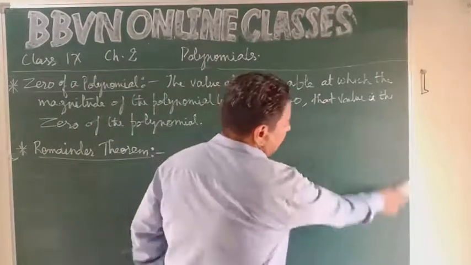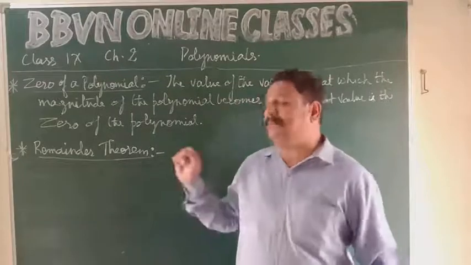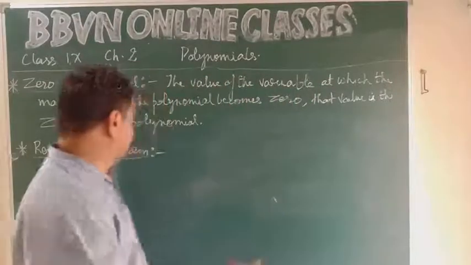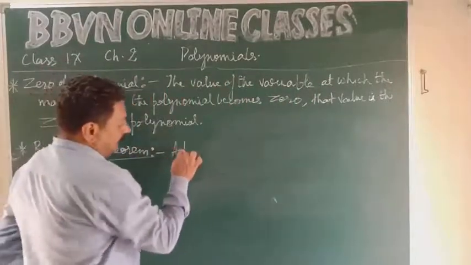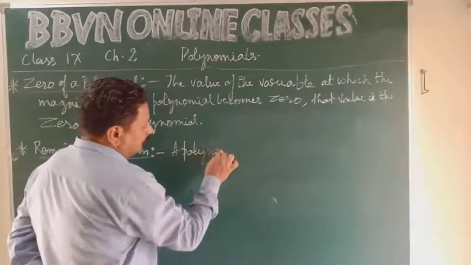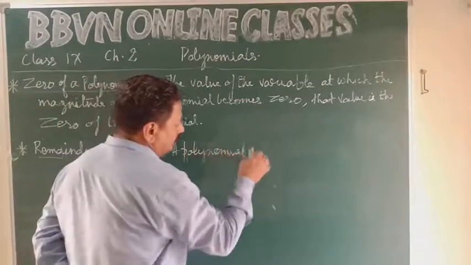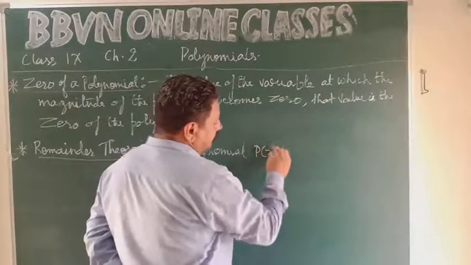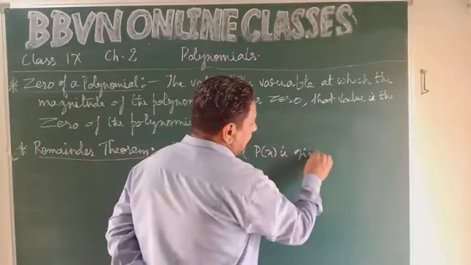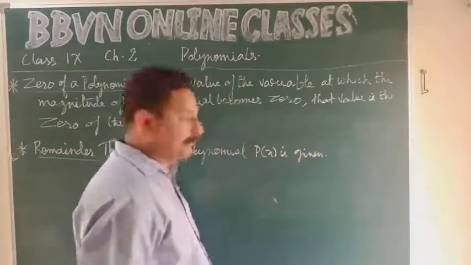Okay. Next is remainder theorem. What is remainder theorem? A polynomial p of x is given.